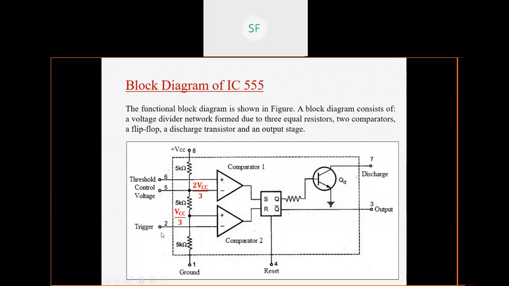So these 3 pins are used to control the working of your IC 555. Always remember, these 3 pins are very important.